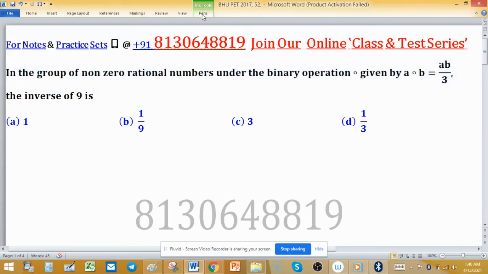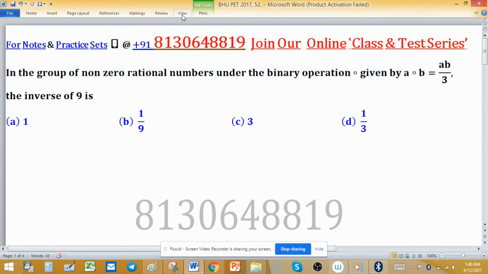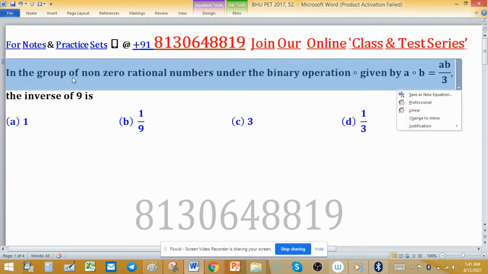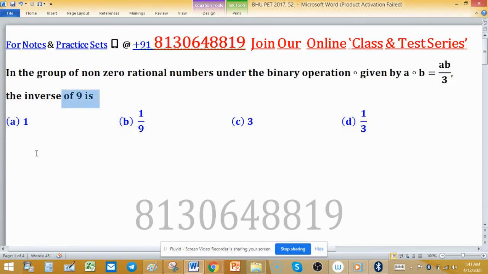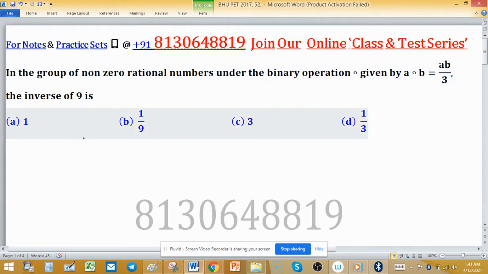In the group of non-zero rational numbers, under the binary operation defined by a * b = ab/3, what is the inverse of 9? To find the inverse of this element 9, first we should know what the identity of this group is.